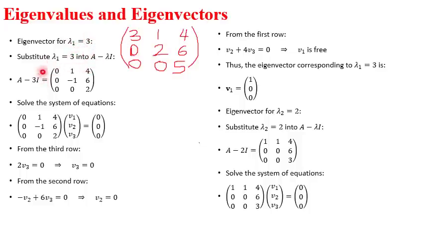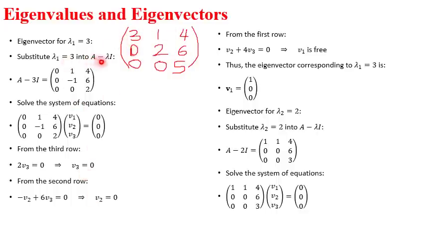Then we substitute 3 for lambda in this equation. And you remember that the matrix A equals this.